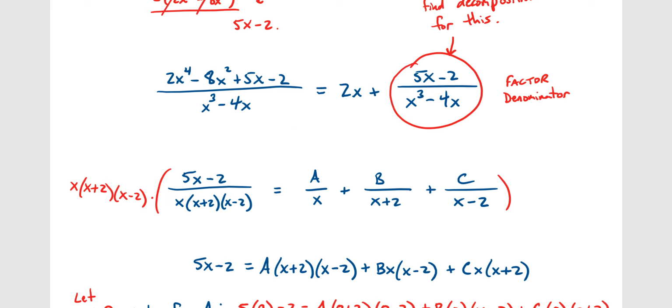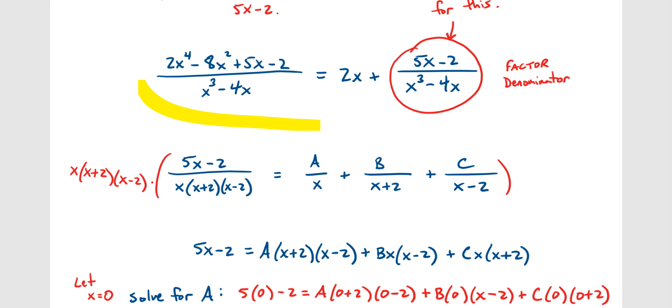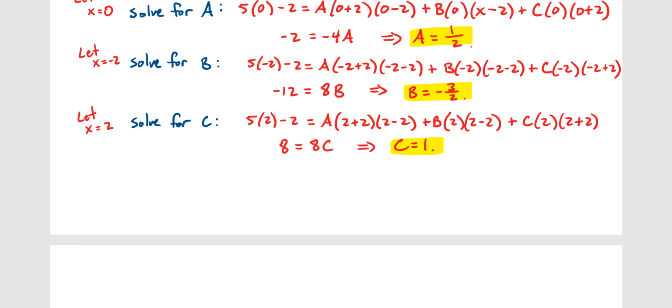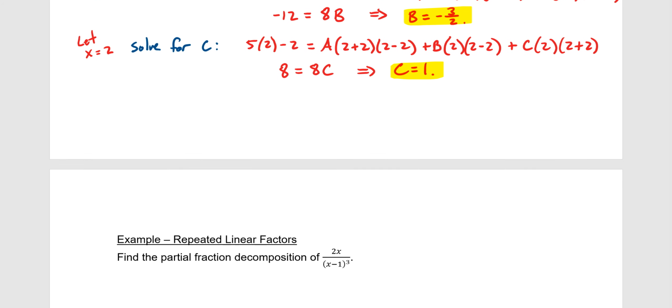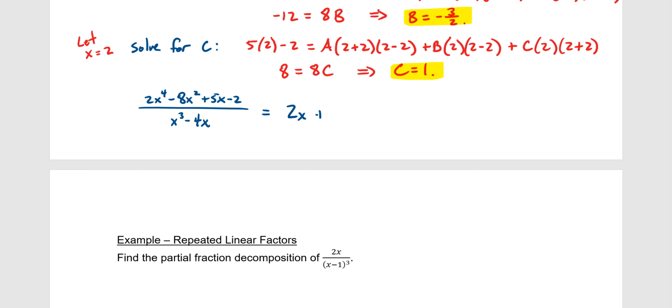Okay, so I'm just going to rewrite this first one. And then instead of writing 5x minus 2 over x cubed minus 4x, that was what we just found, so I'm going to replace it with what we just found. So it was the original question that we had, that 2x to the 4th expression, and we said that that equals, after we divided it, 2x plus the remainder over the divisor.